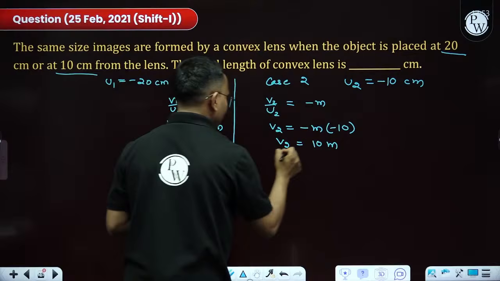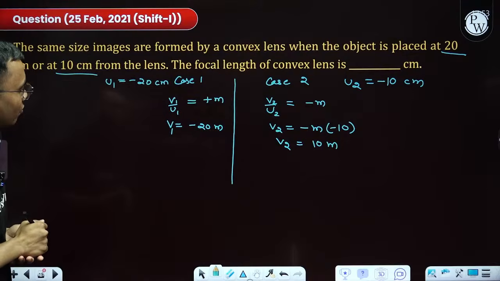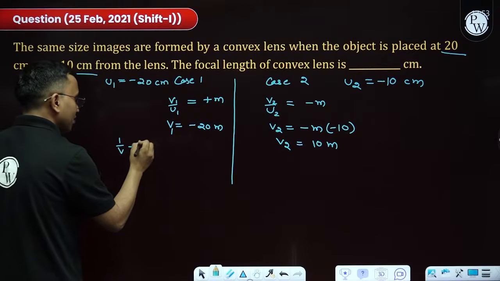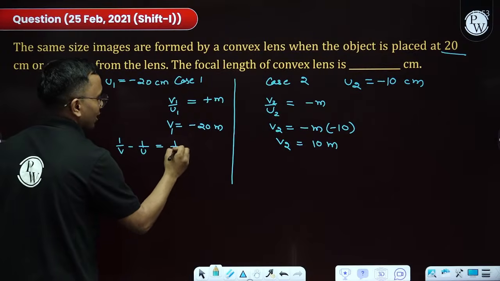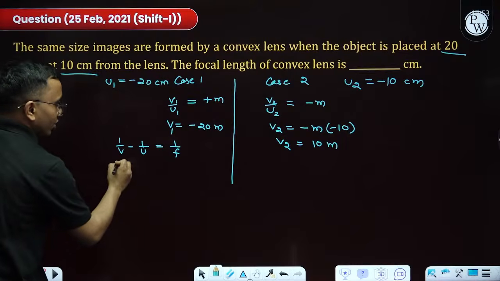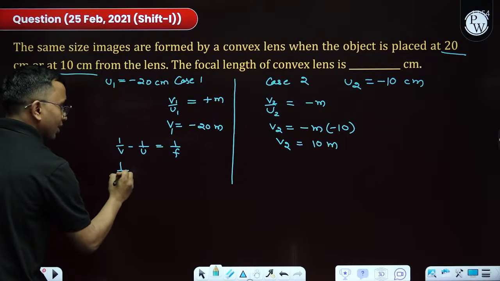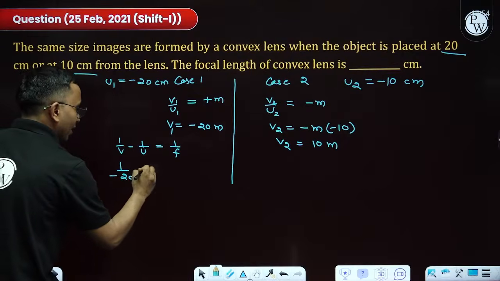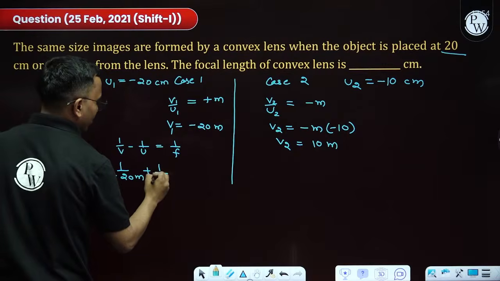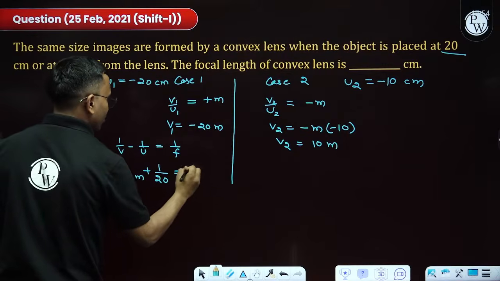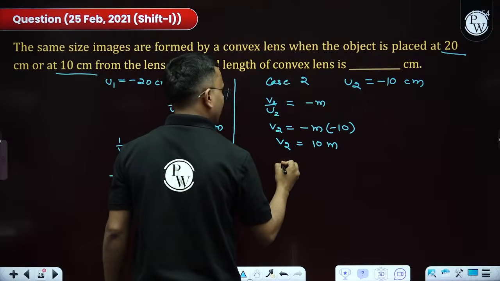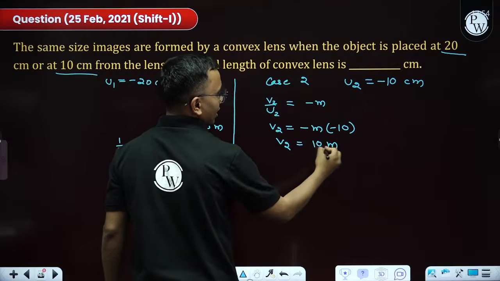This is my v2. Now I need the focal length, so you can use the formula 1 by v minus 1 by u is equal to 1 by f. For the first, what is v? Minus 20m. So 1 by minus 20m minus 1 by u, and u is minus 20, so plus 1 by 20, is equal to 1 by f. Here you write the same equation. 1 by v, what is v? v is 10m.